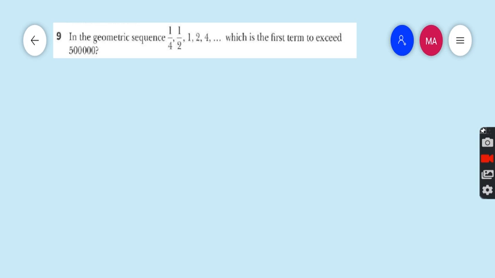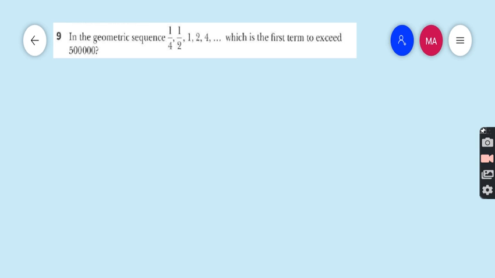That is 1, 2, 4, 8, 16 and so on. So there is a term which has a value greater than 500,000. There are so many such values, but we want the first term that is greater than 500,000.